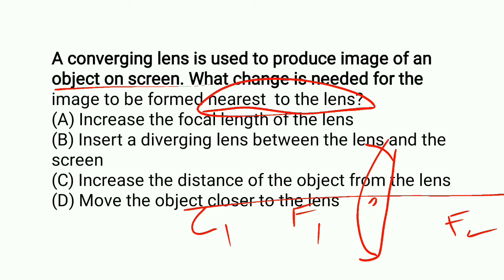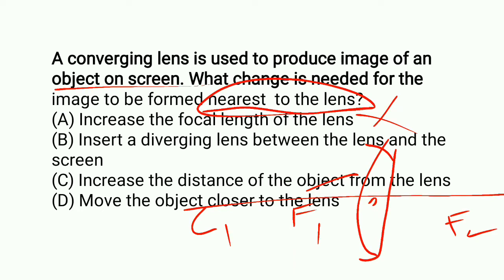Now in order to get the image of an object on the screen, the changes should be done so that the image formed is nearer to the lens. They have given option A, increase the focal length. If I increase the focal length, the image cannot be formed near to the lens, so option A is not correct, right?